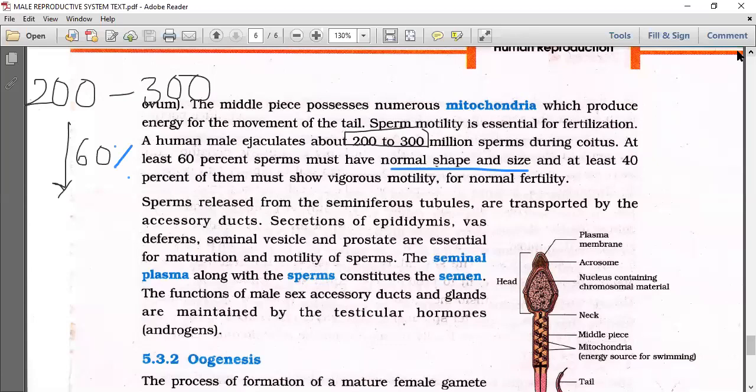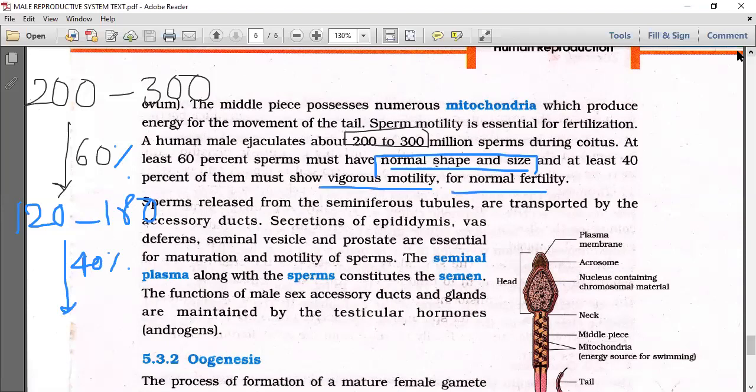So how much will we find? 60% of 200 means 120, and of 300 we said, so 120 to 180 million sperms should be with normal shape and size. Okay. At least 40% of them, that means in this 120 to 180, at least 40% should show vigorous motility, very active, for normal fertility.